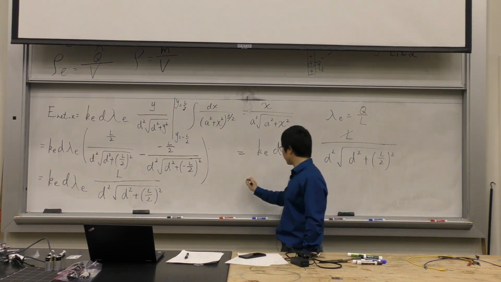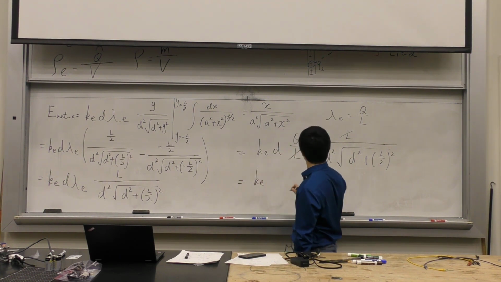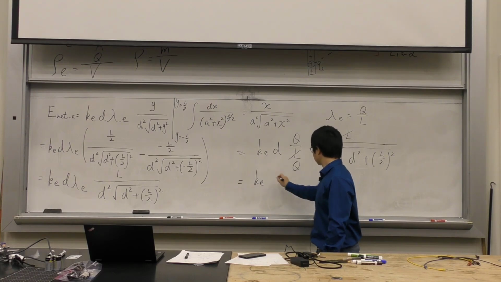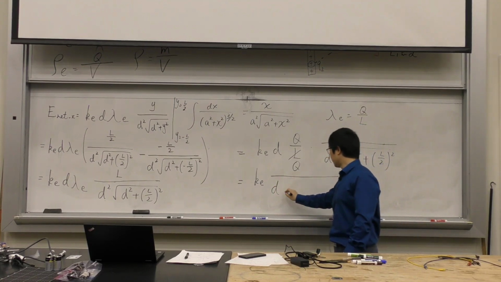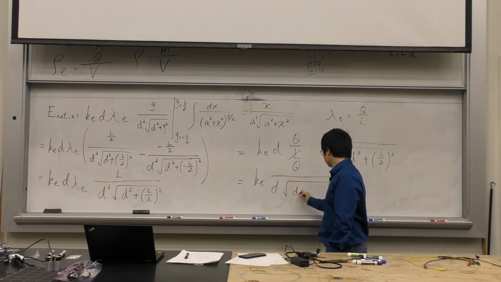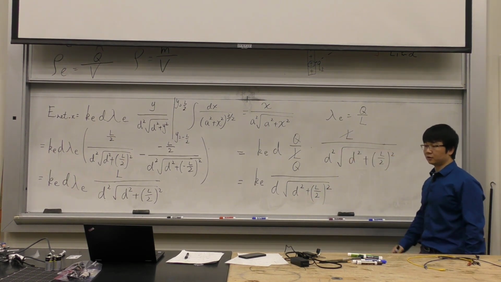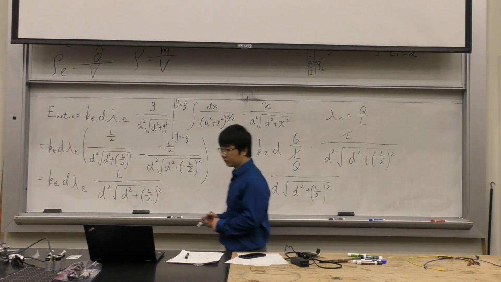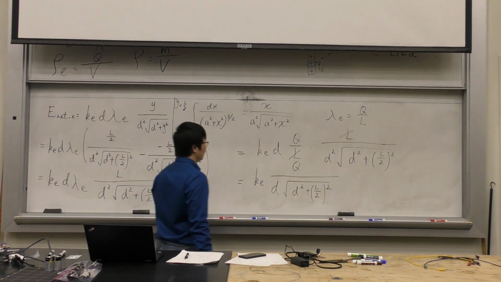So at the end, the simplest expression I can get is going to be ke q at the top, and then one power of d left, but I still have the square root here. And that's pretty much it, right? That's the simplest I can get. I can't reduce this anymore, okay? So that's going to be our answer.